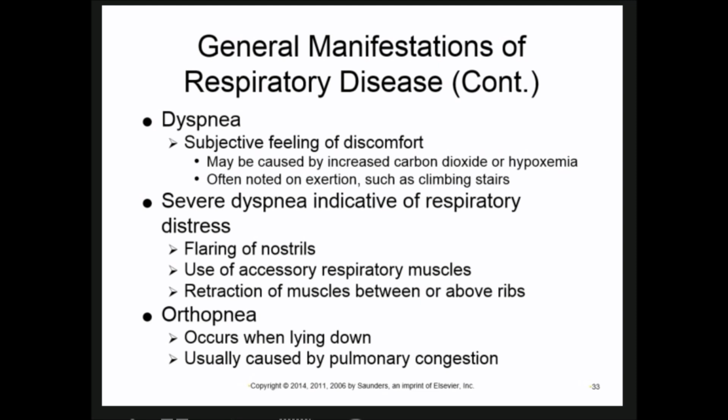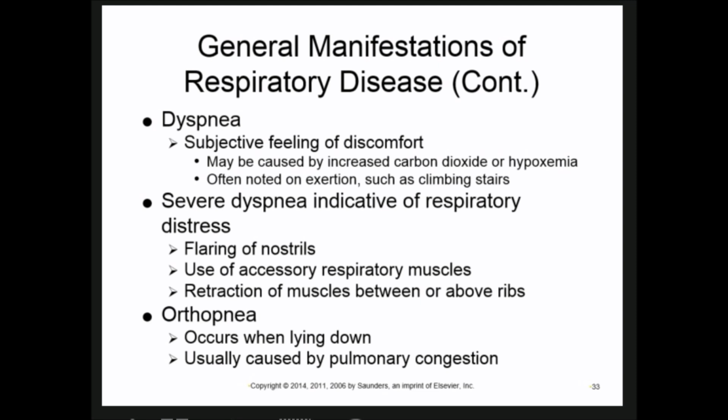Orthopnea. Ortho means standing. Pnea means breathing. This condition means I can breathe if I'm standing up straight. If you ask me to lie down, I will have difficulty breathing. Did we get it? You want to breathe while standing or sitting. Yes, this is called orthopnea, and it means pulmonary congestion.